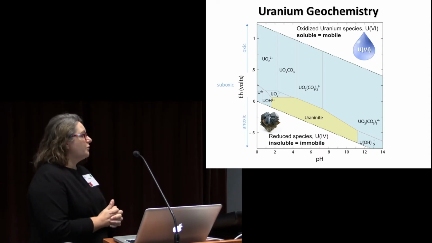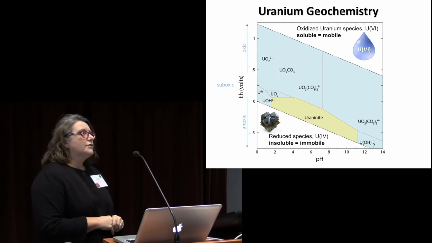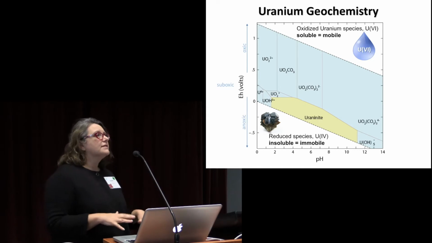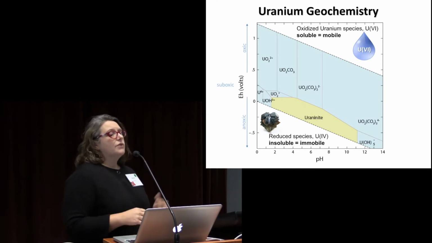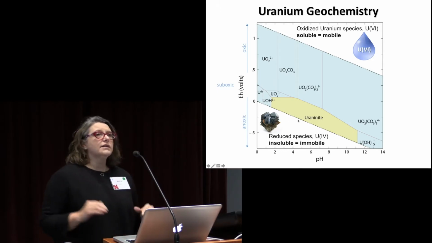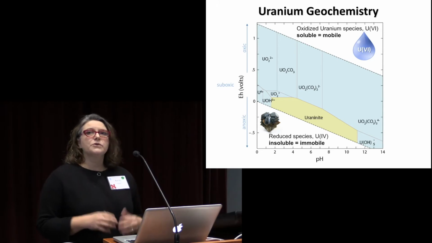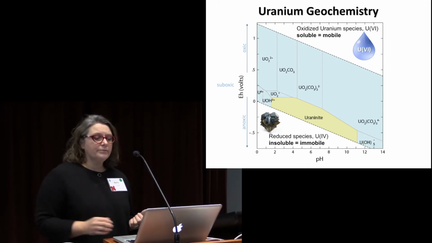So it's important to recognize uranium geochemistry and how uranium will potentially behave. Most often uranium is deposited in these subsurface environments as a reduced mineral. When it's reduced in this anoxic state, it tends to precipitate as a solid phase mineral and be solid associated, so it cannot move with the water.